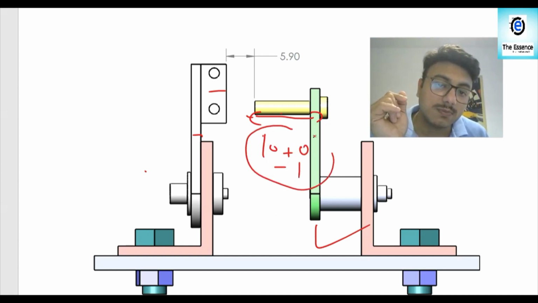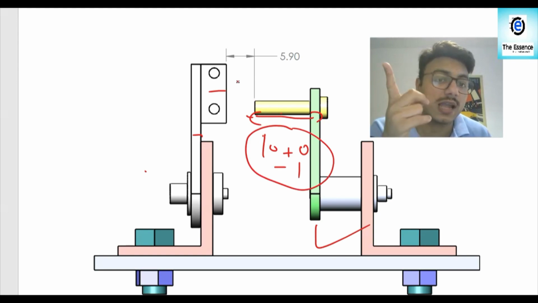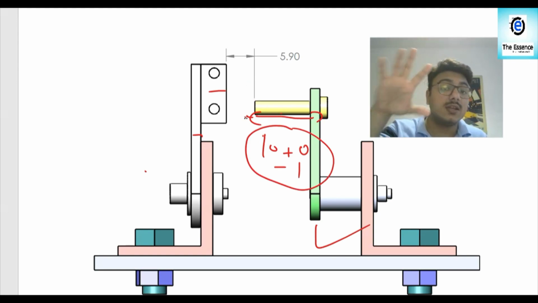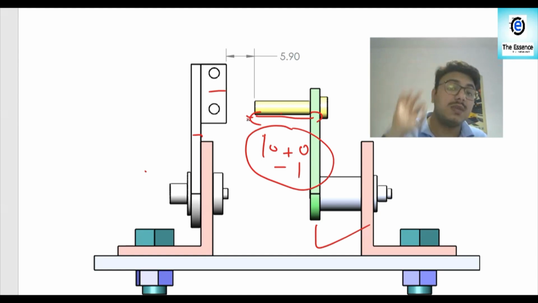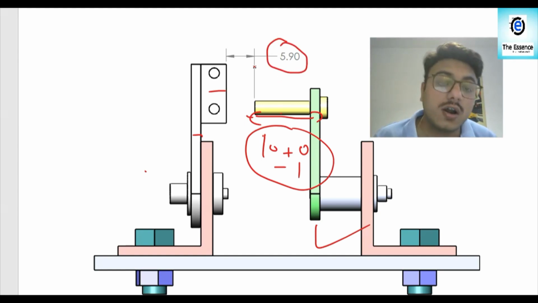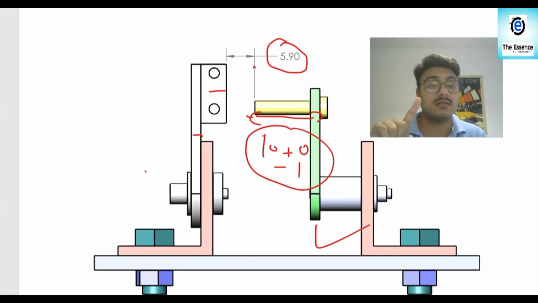So this is not at mean, and the dimension you get in your CAD is not the correct one. If all the dimensions in your CAD model are at mean, you will get this dimension the same as what we got in our tolerance stack up analysis. It should be the same. If it is not the same, then we are making some mistake over there.